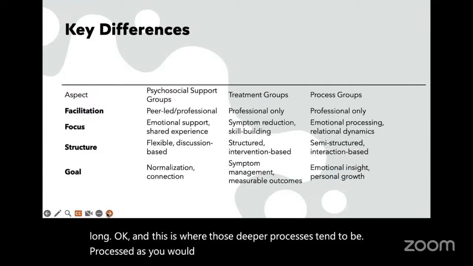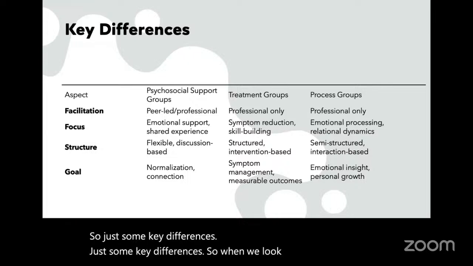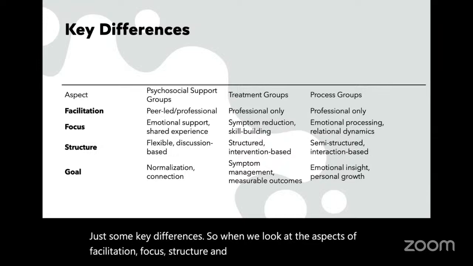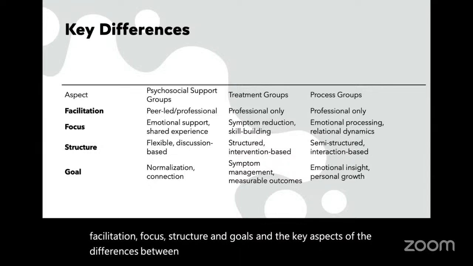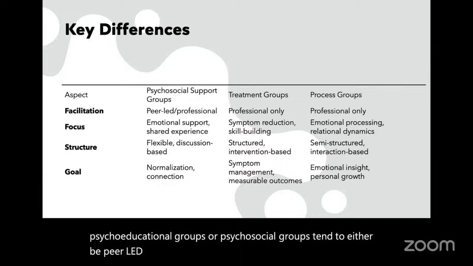So, just some key differences. When we look at the aspects of facilitation, focus, structure, and goals, and the key differences between these, when we look at facilitation, psychoeducational groups or psychosocial groups tend to either be peer-led or professional-led.